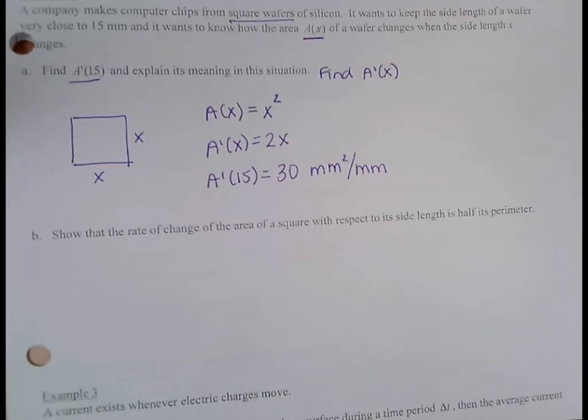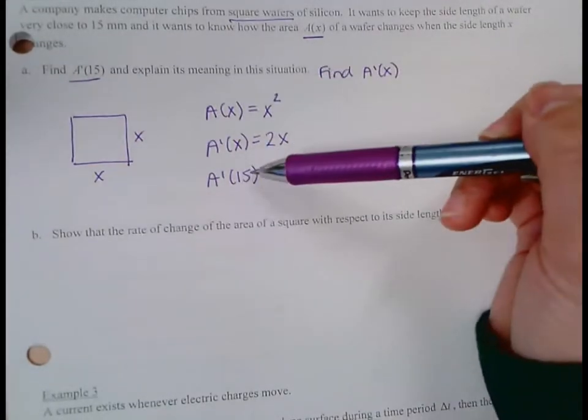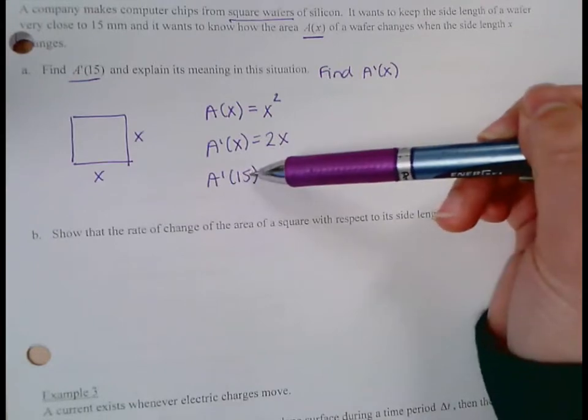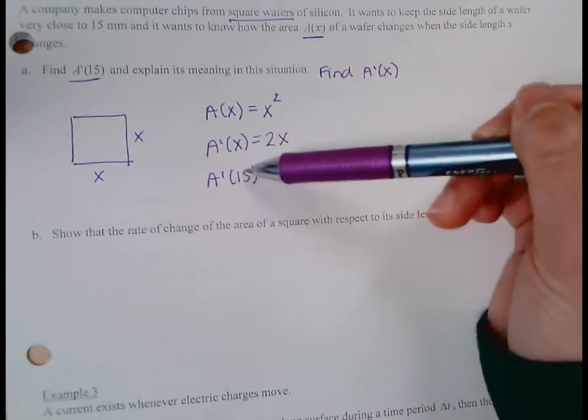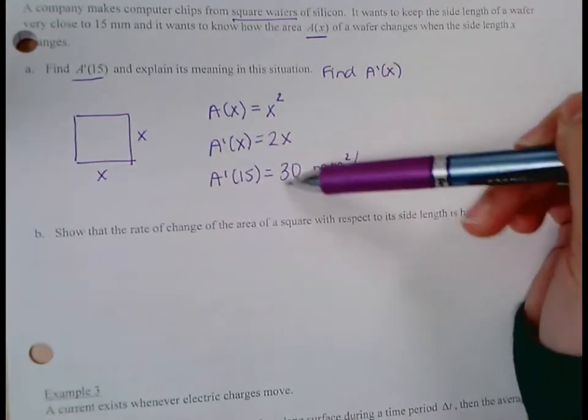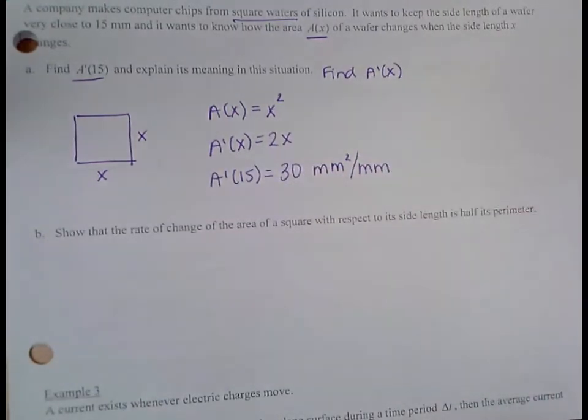We've had questions like this before. When you explain the meaning, if it's A prime of 15, you have to include how the 15 ties in to the 30 millimeters squared per millimeter. And if it's a derivative, it's showing either an increase or a decrease in something. Since it's positive, it's showing an increase.